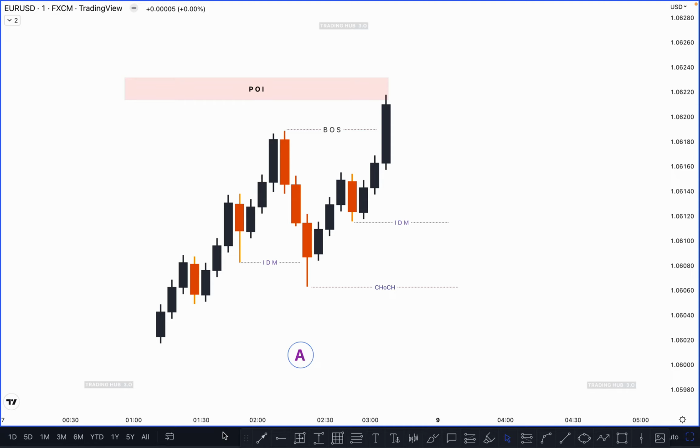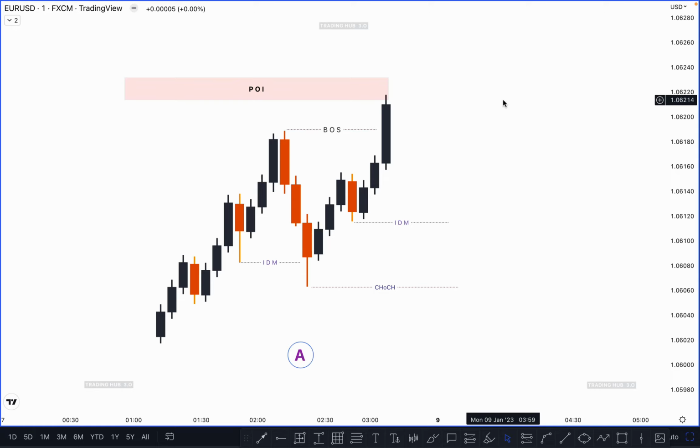Once the market has taken out liquidity or tapped on a POI zone and then breaks the first recent high or low, that's called a change of character, not inducement. When the market taps on a mitigated POI zone and then breaks the first recent high or low, that's called a change of character.